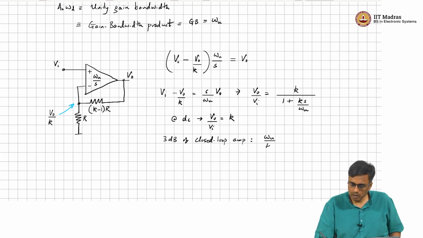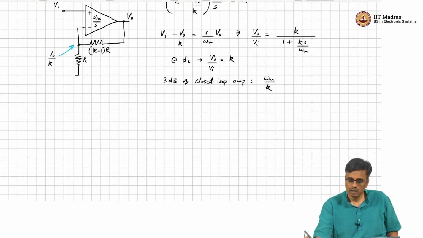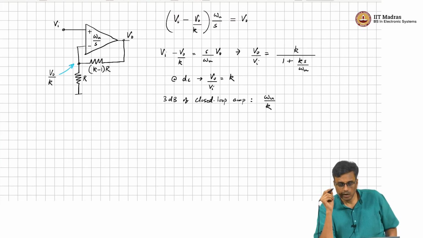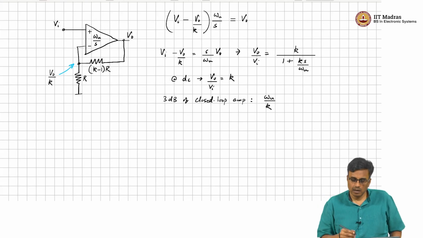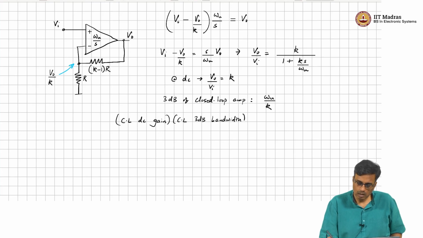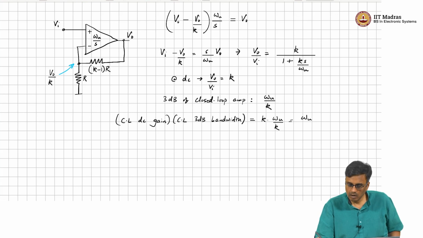It's nothing but omega u over K. So in this amplifier, closed loop DC gain times the closed loop 3 dB bandwidth is what? K times omega u by K, right.